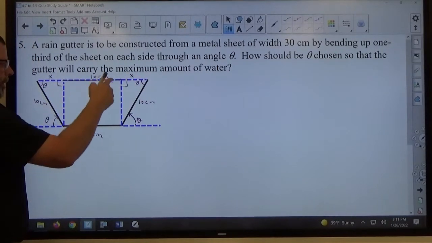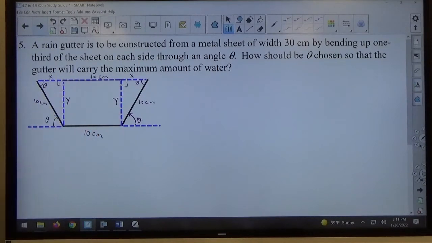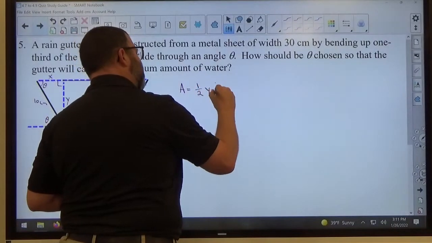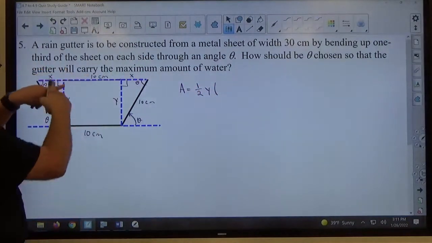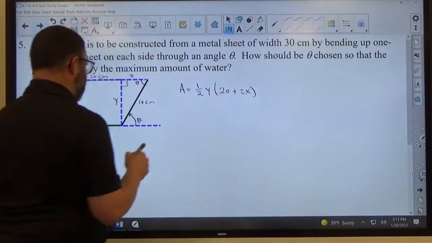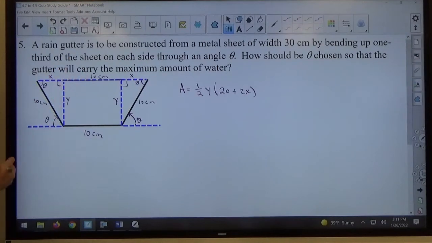This up and down is the height, I'm going to call it y, and those are the same. So looking at this picture, the area formula for this trapezoid is 1/2 times y times 20 plus 2x. Again, it's just 10 plus x plus x, so that's 20 plus 2x.